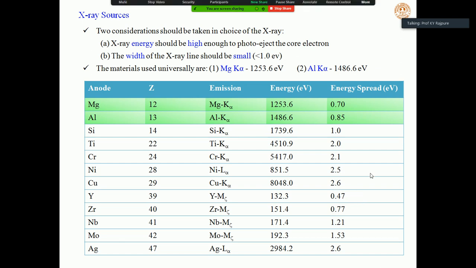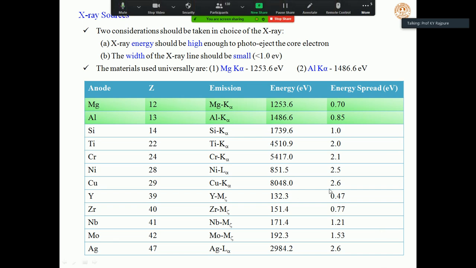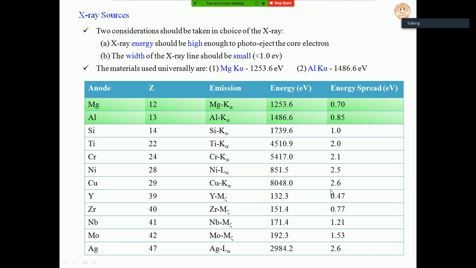So what are possible sources for the X-ray sources? We need to consider two facts. One is the energy of this radiation should be high, and the other is the energy spread. You need to keep in mind that though we call it a characteristic X-ray, the characteristic X-ray doesn't carry a single wavelength. It has an energy spread.